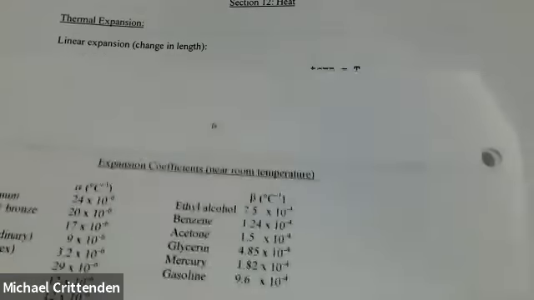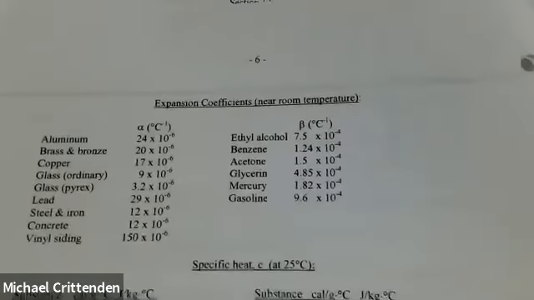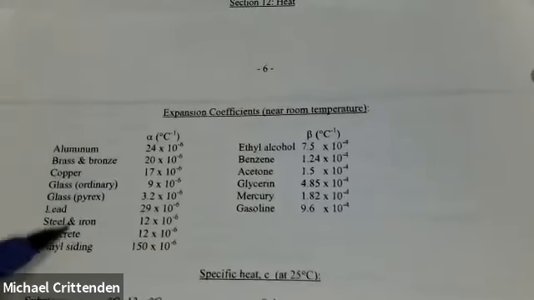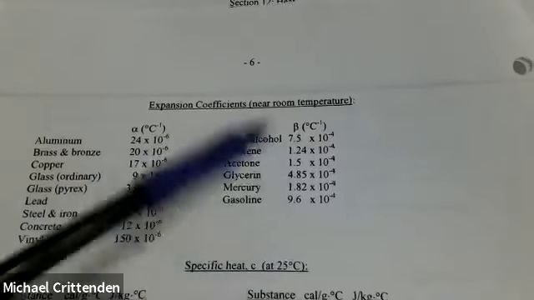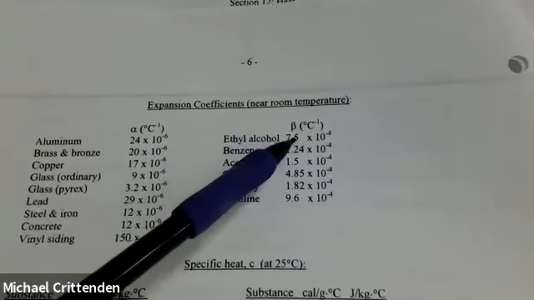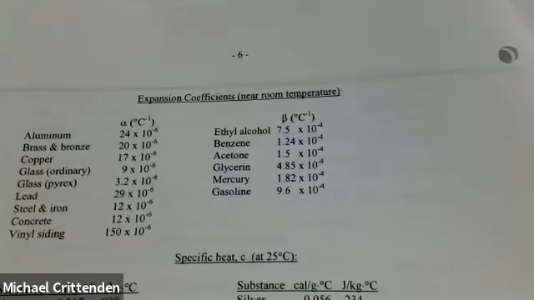So here's that table in the formula sheet again. You have solids in the column for the linear expansion coefficient. You have liquids in the column for the volume coefficient of expansion.